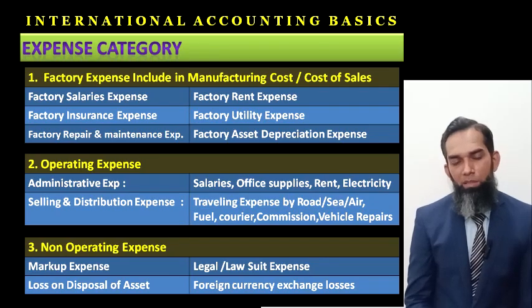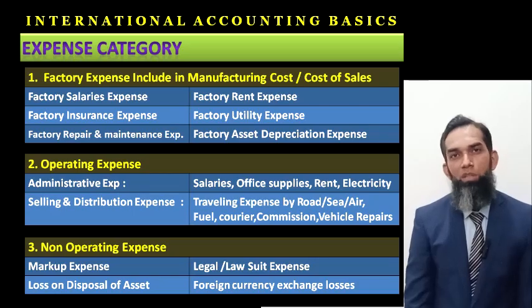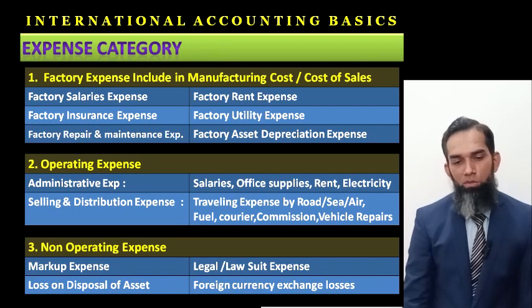But the operating expense, to run the business, the company has to incur two broad heads: they have to pay salaries, they have to pay the rent of the office premises where the administrative staff is sitting, and the selling and distribution expense. So these two broad categories are classified as operating expense: administrative expense and selling and distribution expense.